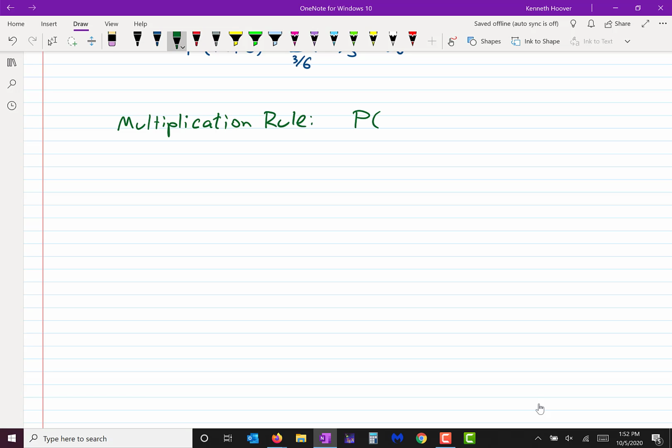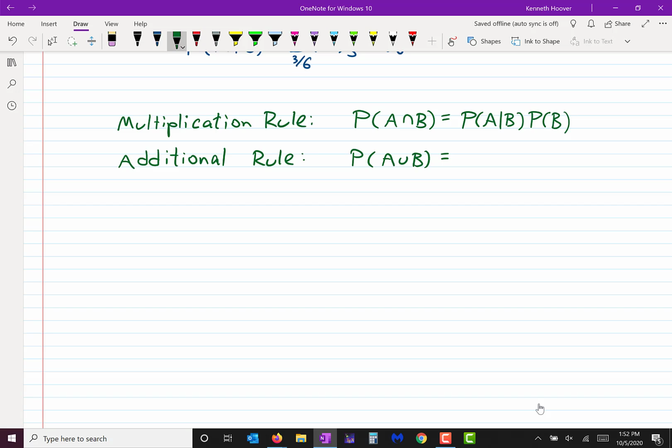That the probability of A intersect B equals the probability of A given B times the probability of B. And the book also has a rule that it calls the addition rule, which says the probability of A union B equals the probability of A plus the probability of B, take away the probability of their intersection. Okay? So those are useful to remember.